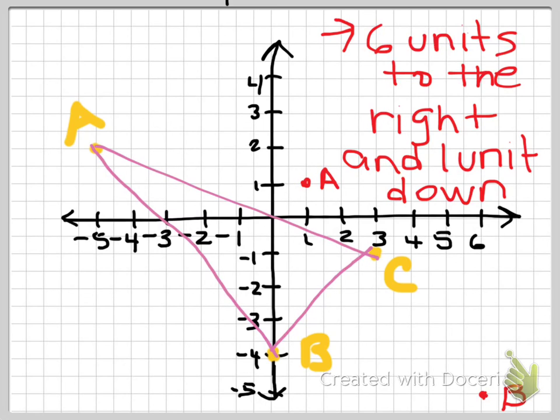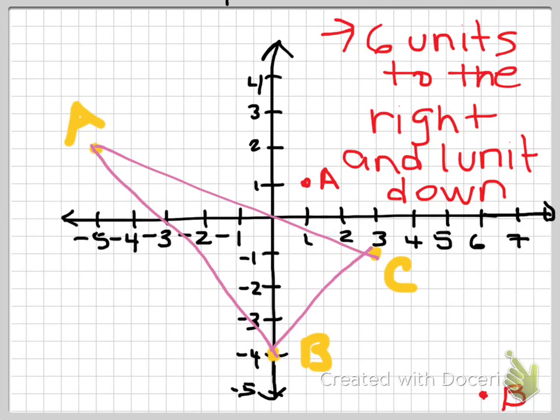And then I'm going to do the same thing for C. So I'm going to go 6 units to the right. That would mean I'd also need to extend my graph. Let me do that first. Okay. Let's just do these by 2s instead.